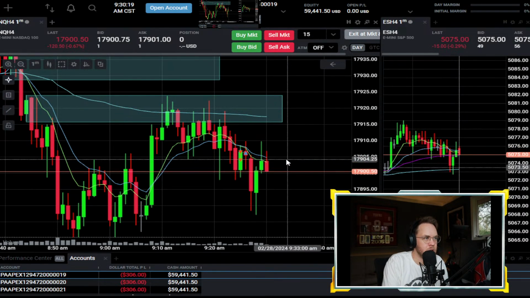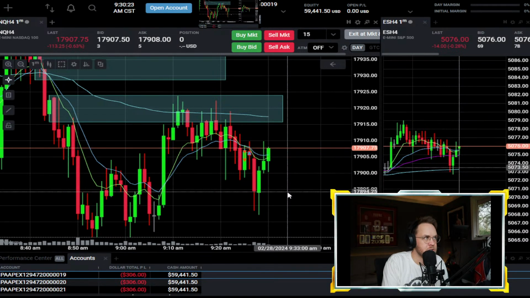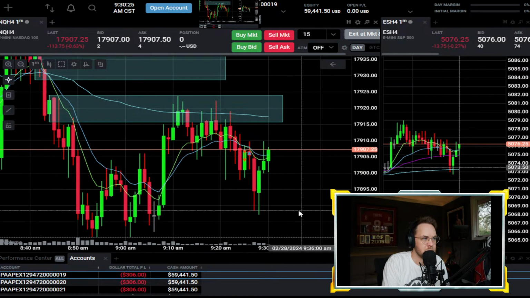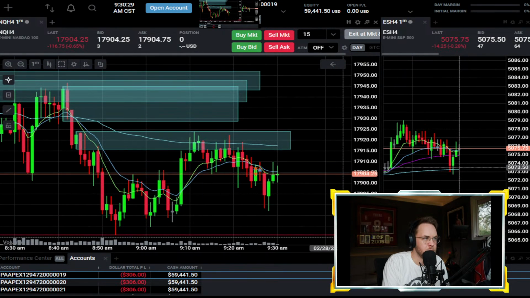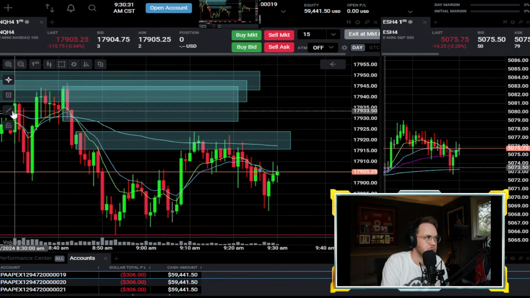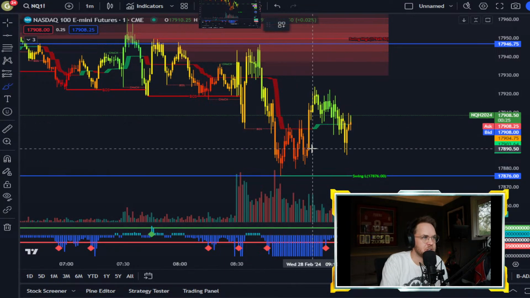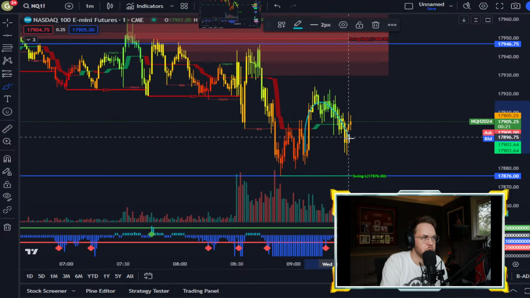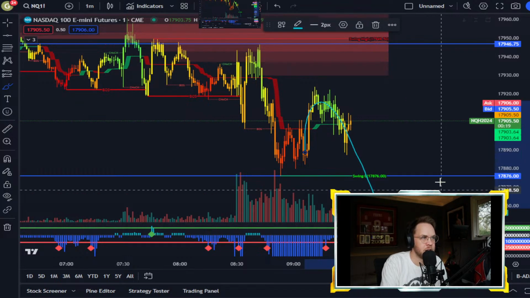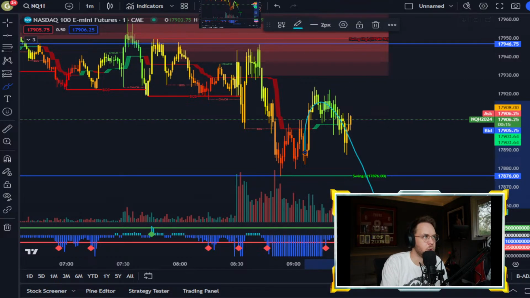This might be our rejection back to the downside. But I want to wait and see what this candle does. We're looking for a strong move. Basically, I can draw it on here. We're basically just looking for this strong move like that right now, if we can get it. That's what we're hoping for.